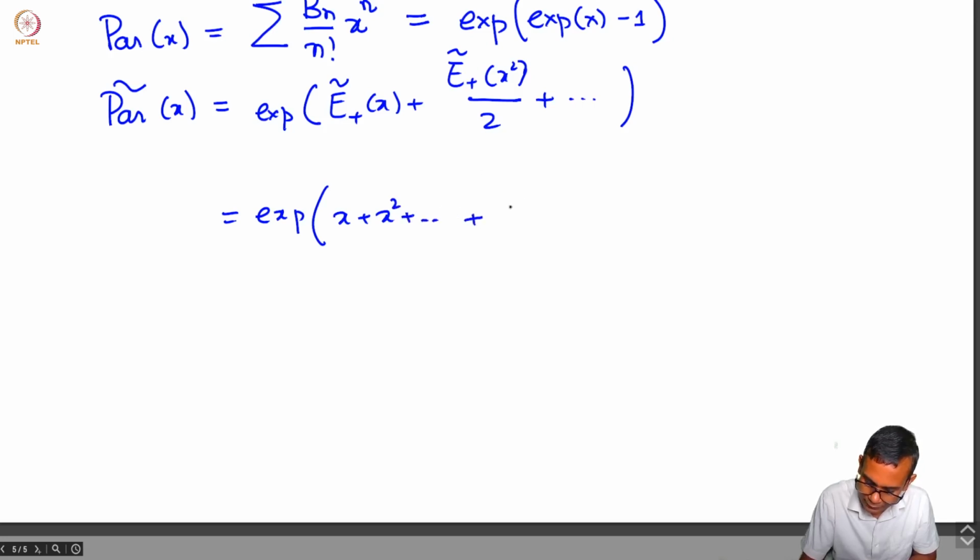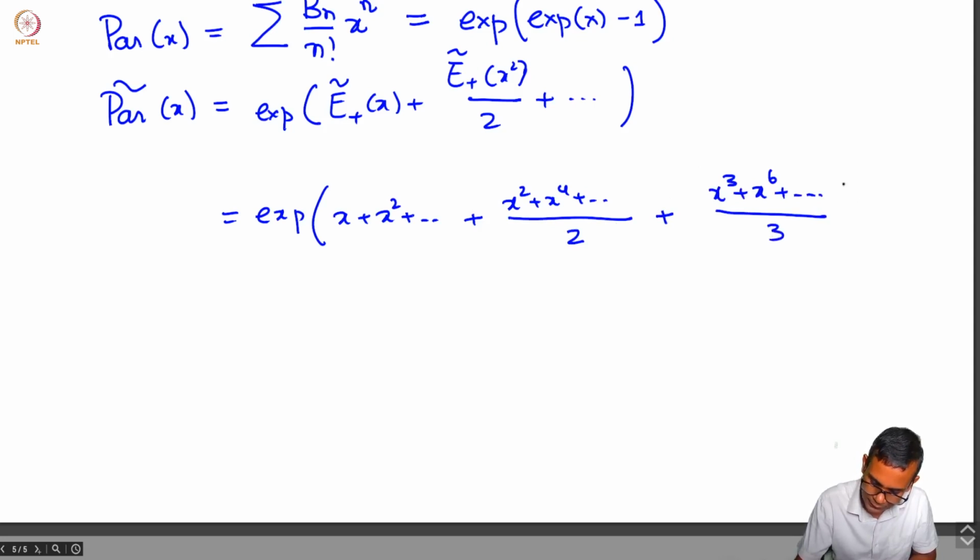And then this second term will give us x squared plus x to the power 4 plus x to the power 6, all this divided by 2. And then the next term will give us x cubed plus x to the power 6 plus, all this divided by 3.